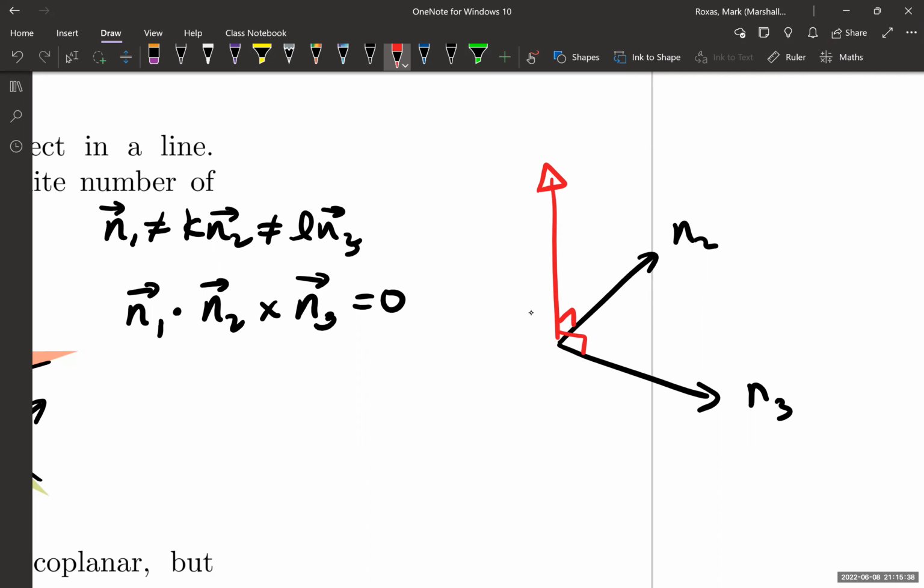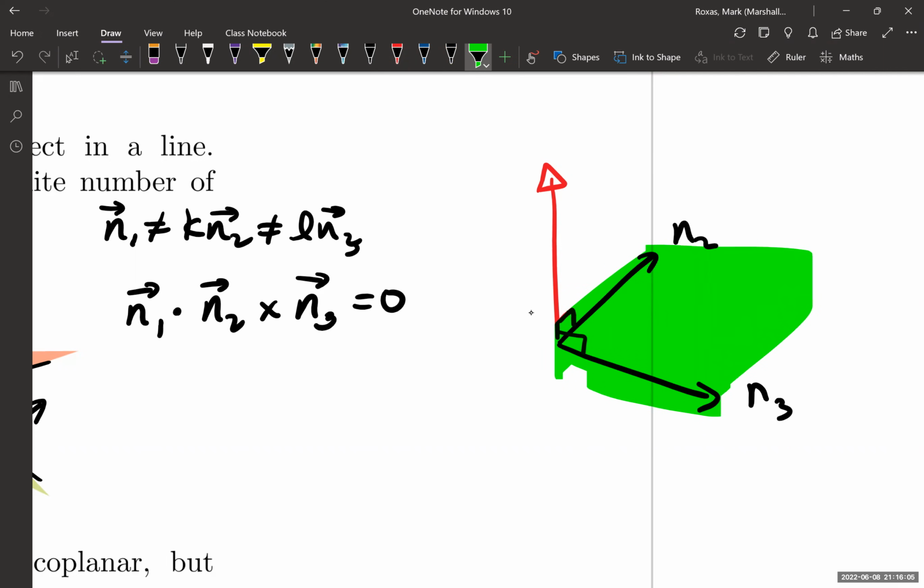Now, let's say n1 is also on the plane here. Here's n1. We don't know if n1's on the plane made by n2 and n3 or not.